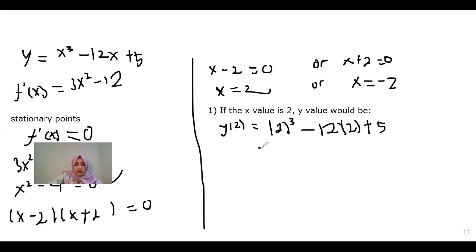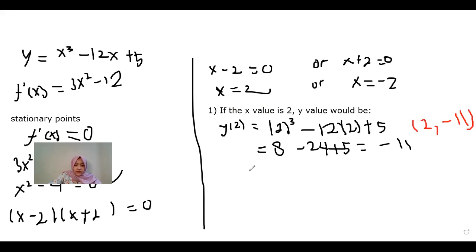You know that 2 power 3 is 8, minus 24, plus 5, is, can you guess the value? It will be minus 11. So the coordinate will be, I will make it with red ink, 2 point minus 11.